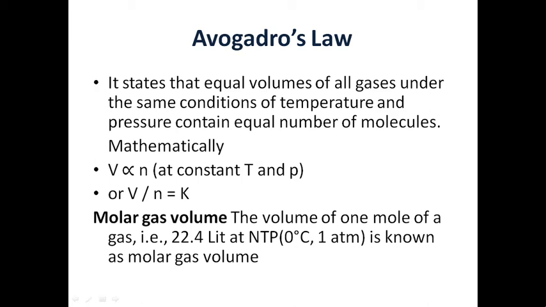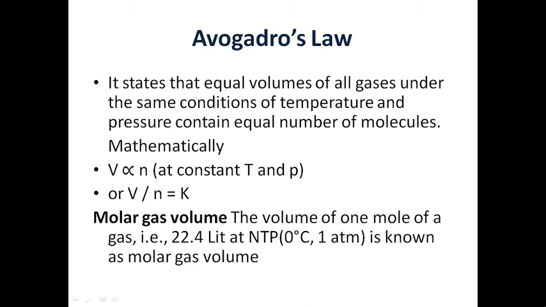That means volume is directly proportional to the number of moles if the temperature and pressure values are constant, or V over N is equal to K. And we have a term, molar gas volume, and that is the volume of 1 mole of a gas, that is 22.4 liters at NTP, 0 degrees Celsius and 1 atm pressure.